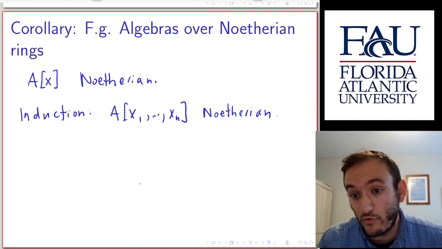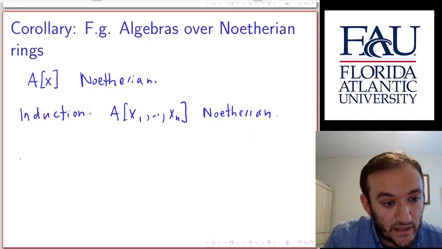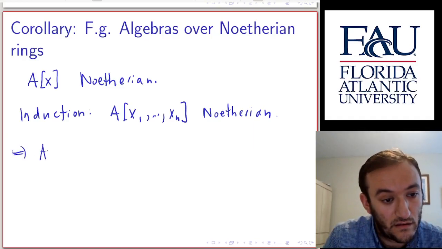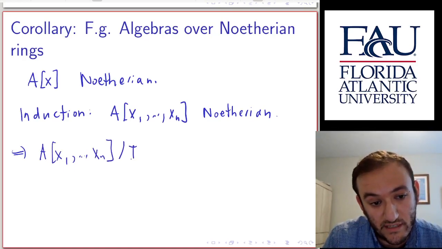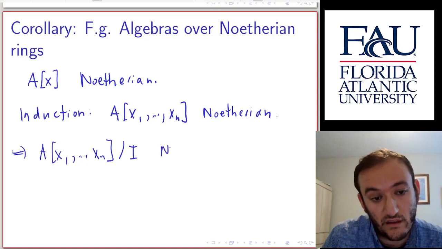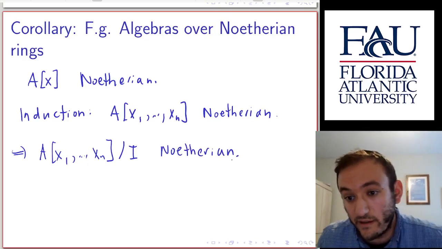And as we saw before, the image of a homomorphism of Noetherian rings is also Noetherian, so that implies that A adjoin X_1 up to X_n, even quotiented by some ideal, is also Noetherian. So Hilbert's basis theorem gives us quite a lot.